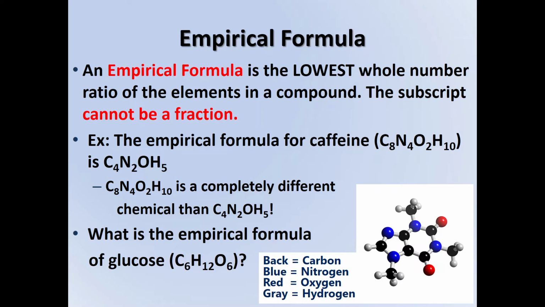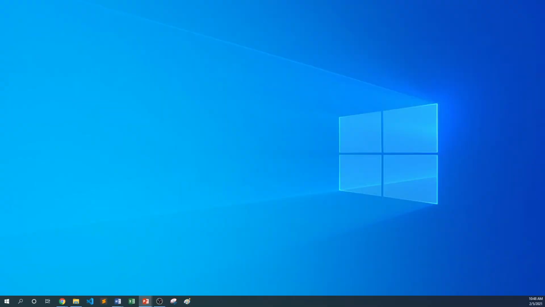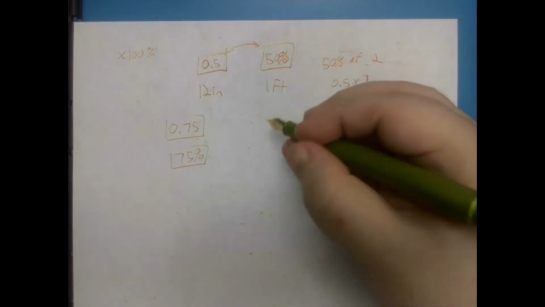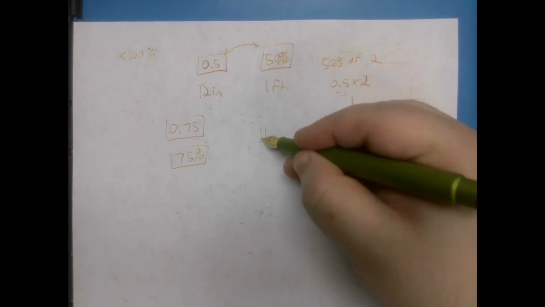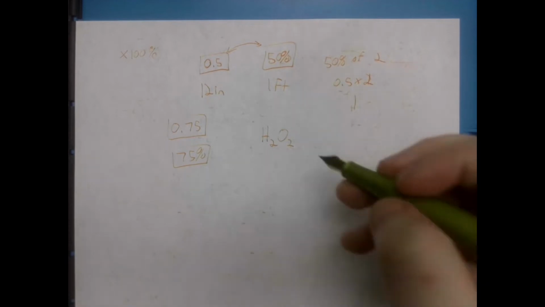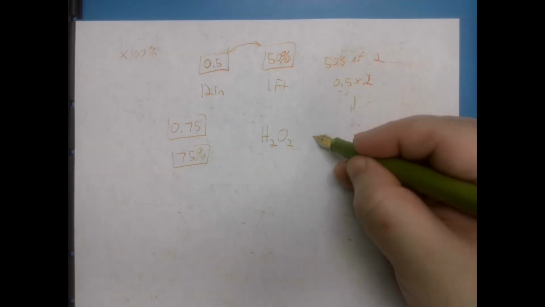Note, in most chemicals, the empirical formula and the actual formula are not the same chemical. For example, a very common example is hydrogen peroxide, H2O2. This is a compound.